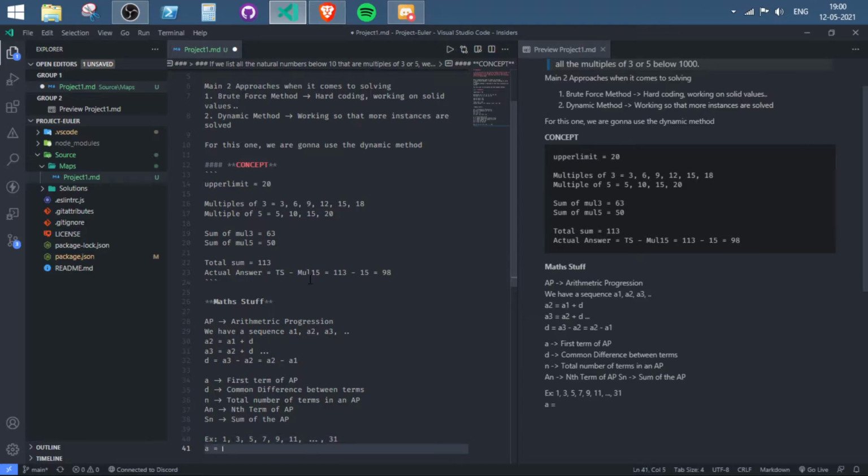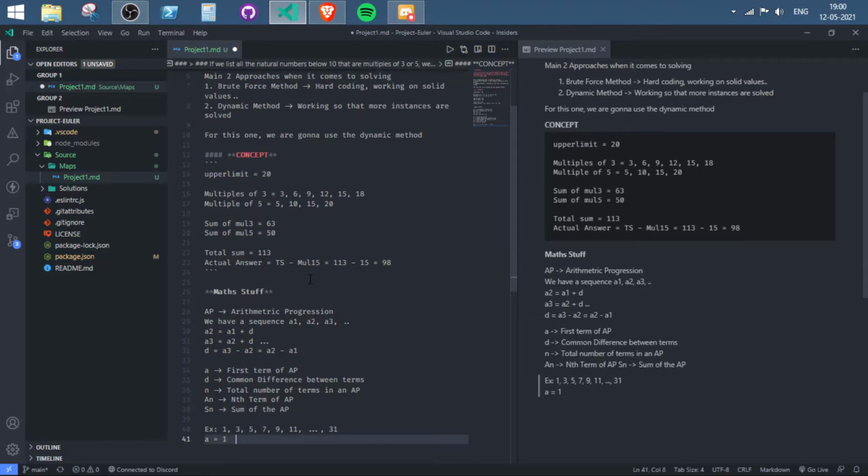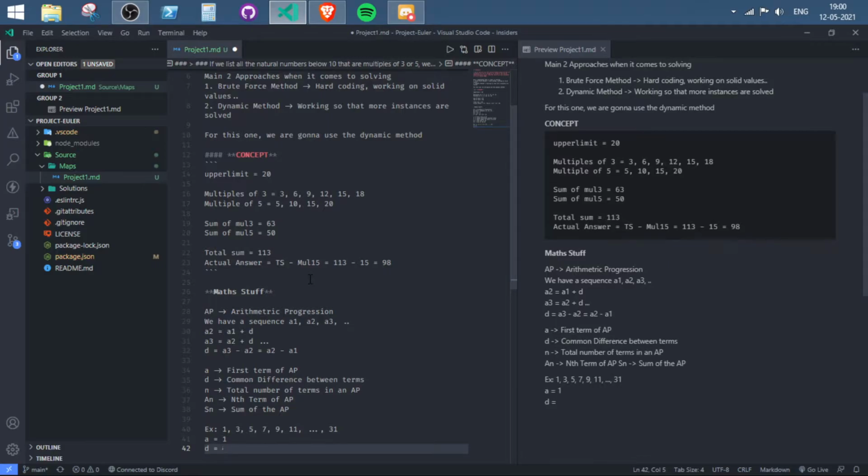We already know that A equals 1, and D equals A2 minus A1, which is 3 minus 1. Pretty easy, right? That gives us 2, and you can see that every term is increasing by 2.